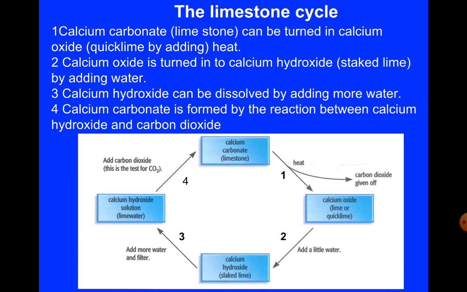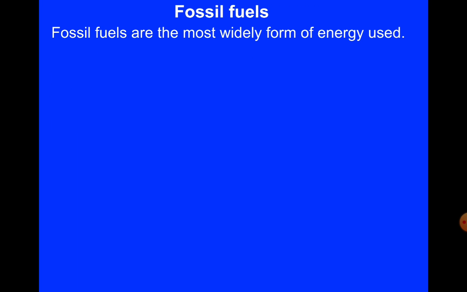Let us have a look at the fossil fuels and the problems with them. Well, we know fossil fuels are mostly used as energy, and they create a lot of problems. We discussed that already with acid rain and global warming.